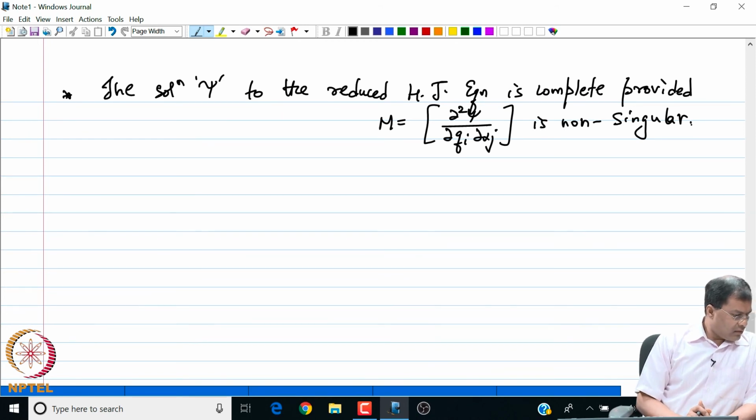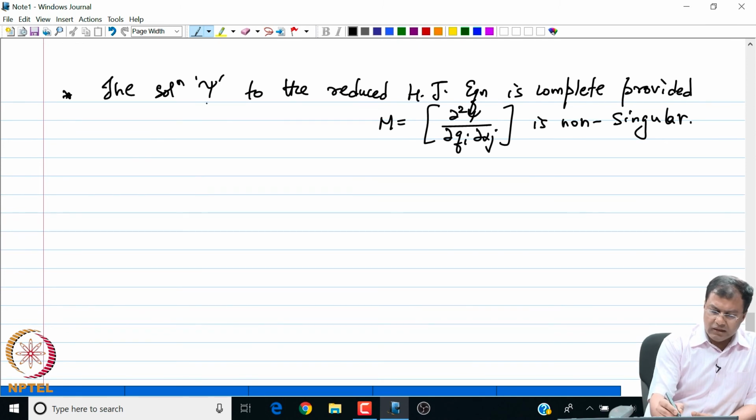Okay. So, it turns out that for this reduced case it is psi that we are after. So, psi is our generating function.